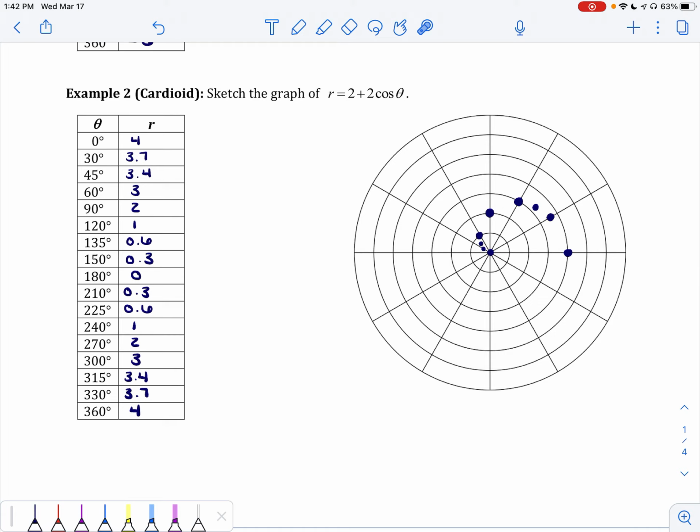Okay, so we got the top half of our graph right here. The second half of the points is going to give us the bottom half of our graph. So let's keep going. Then we have 210, so our 210 line, radius of 0.3. 225 degrees, right in the middle of quadrant 3, radius of 0.6.